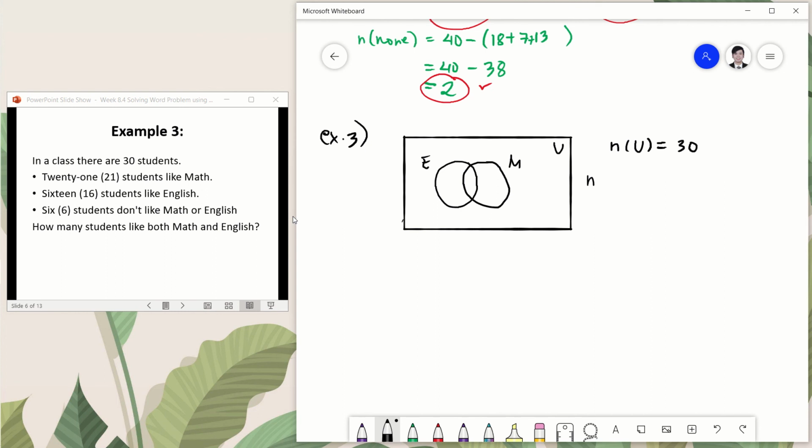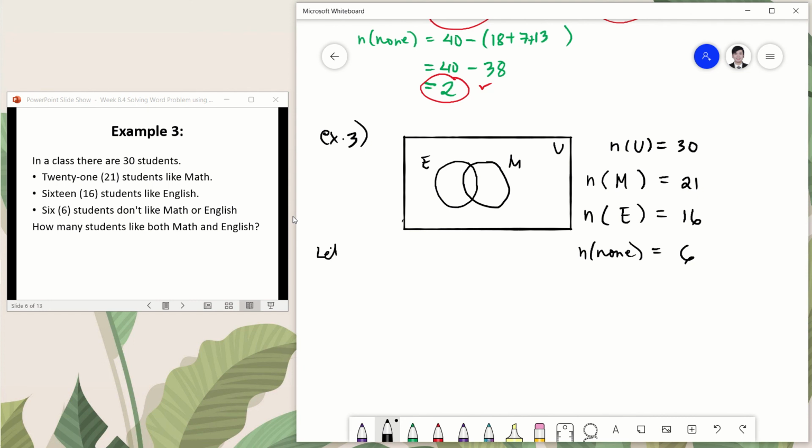So our cardinality, or number of students who like math, is 21. And those who like English is 16. The number of students who don't like any is 6. And don't forget that people will not understand what our representation M and E means.